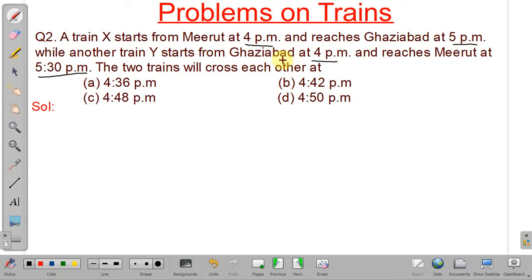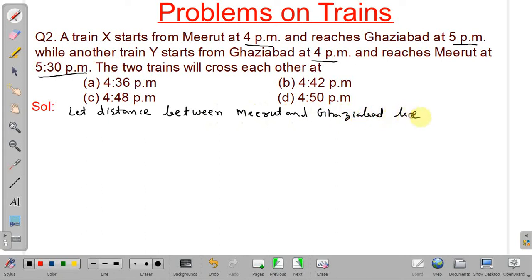So we will assume the distance between Meerut and Ghaziabad. Let the distance between Meerut and Ghaziabad be x kilometer. Okay.